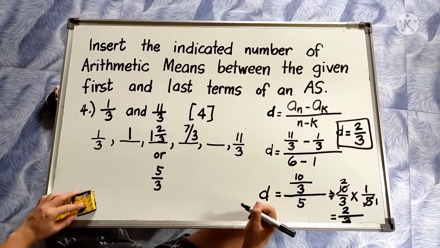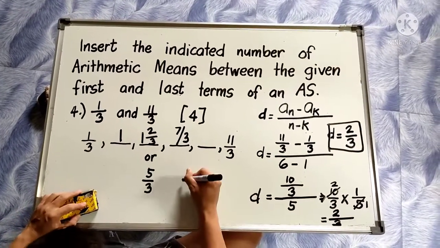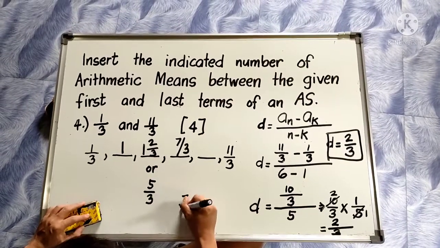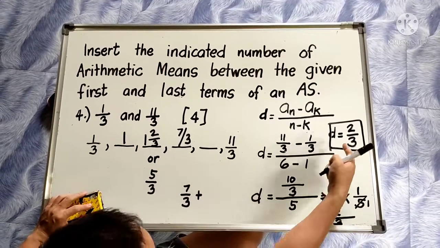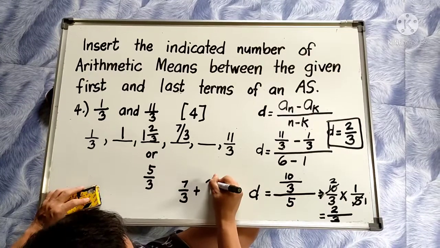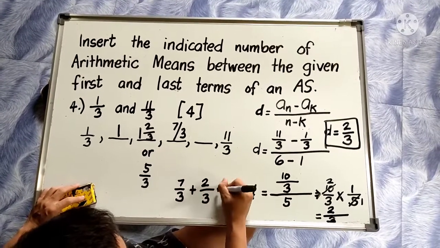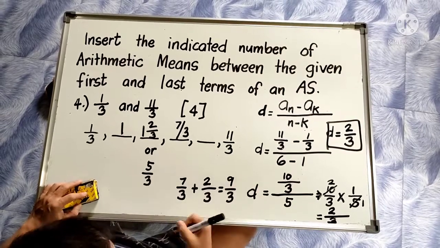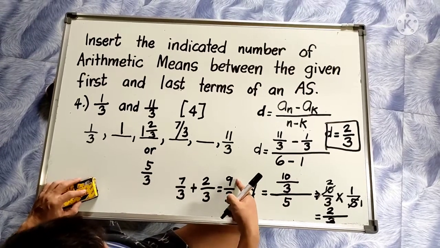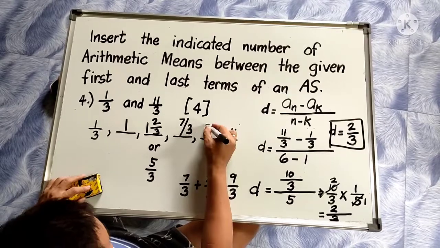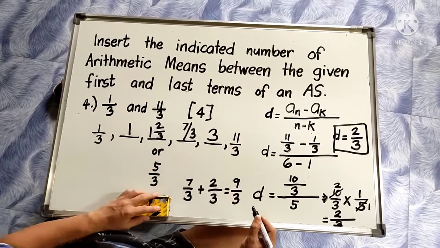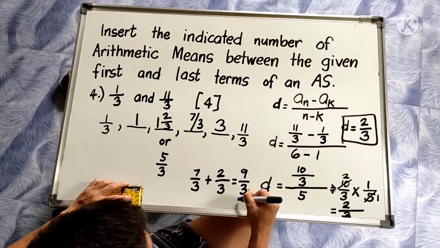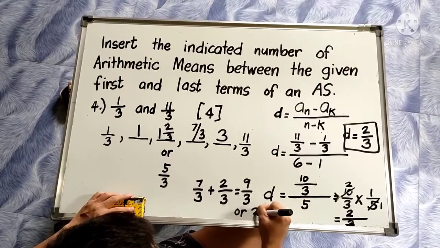Now next, you will have 7/3 plus 2/3 is equal to 7 plus 2, 9/3, which can be simplified further. 9 divided by 3 is 3.